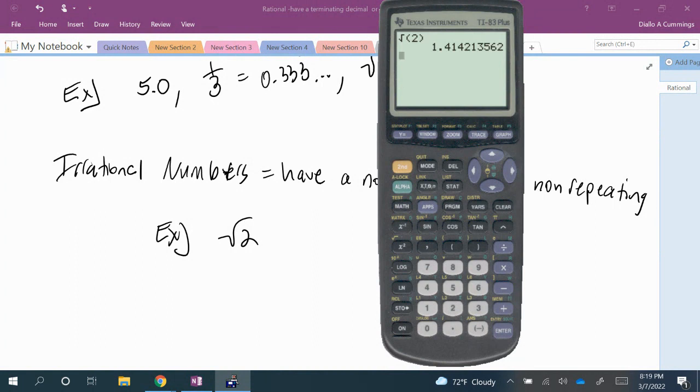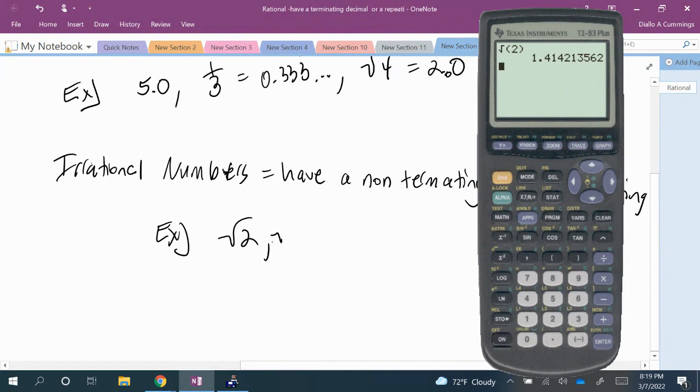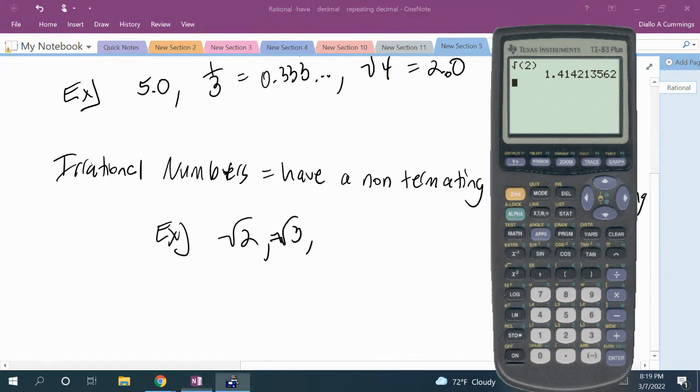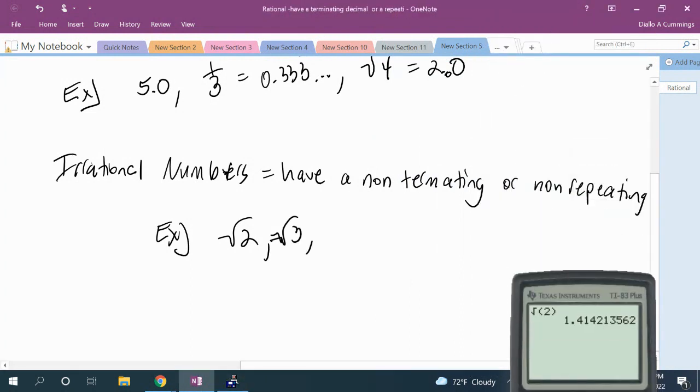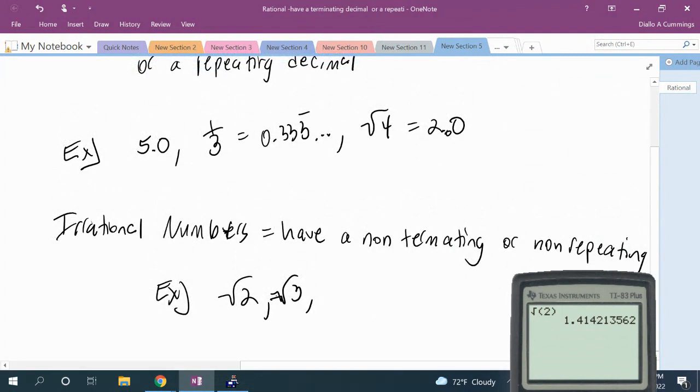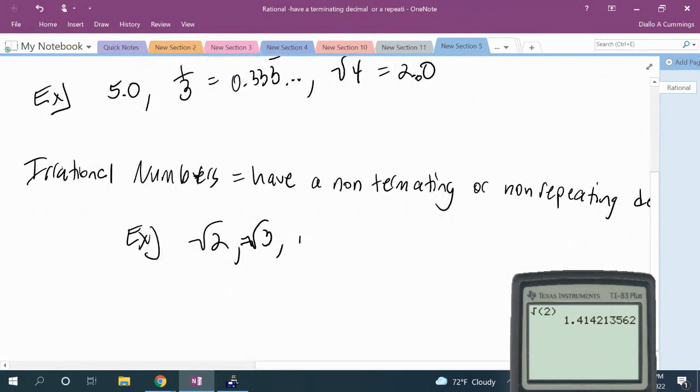That is an irrational number. Square root of 3 is irrational because it's not a perfect root. But the square root of 4 is rational because it's 2.0. Other irrational numbers include pi. Pi never stops, never repeats.